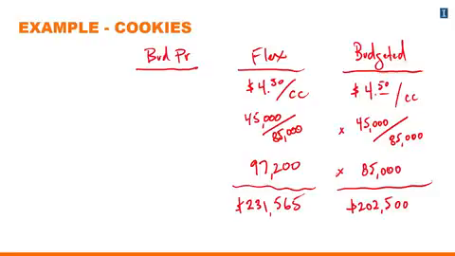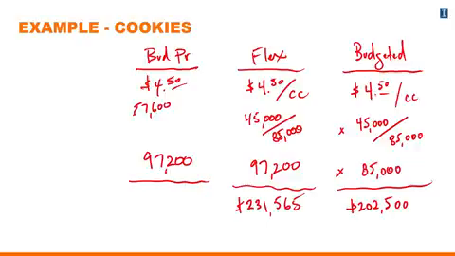Moving on to the next variance, we can change the next level or next component. We'll leave the price the same at $4.50. We'll leave the total quantity at its actual terms of 97,200 total cookies, but now let's take into account the actual mix, the actual proportion of our total quantity that were of the chocolate chip variety. And that was the total number of chocolate chip cookies sold.